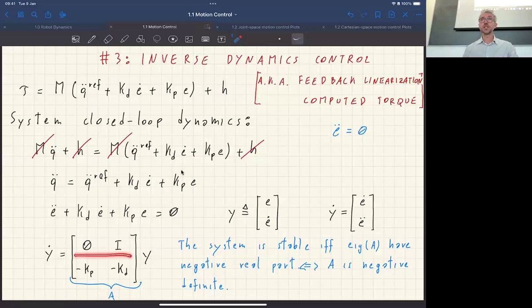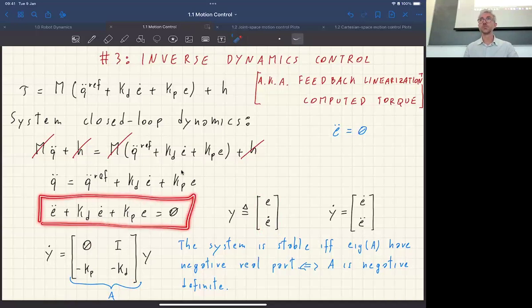The first row of A is simply 0 and the identity matrix, because I'm simply multiplying 0 times E, so I get 0, plus the identity matrix times E dot, which gives me E dot. The bottom row instead contains minus KP and minus KD. And if you do the multiplication between this row and this vector, you basically see that you're recovering exactly this expression here.